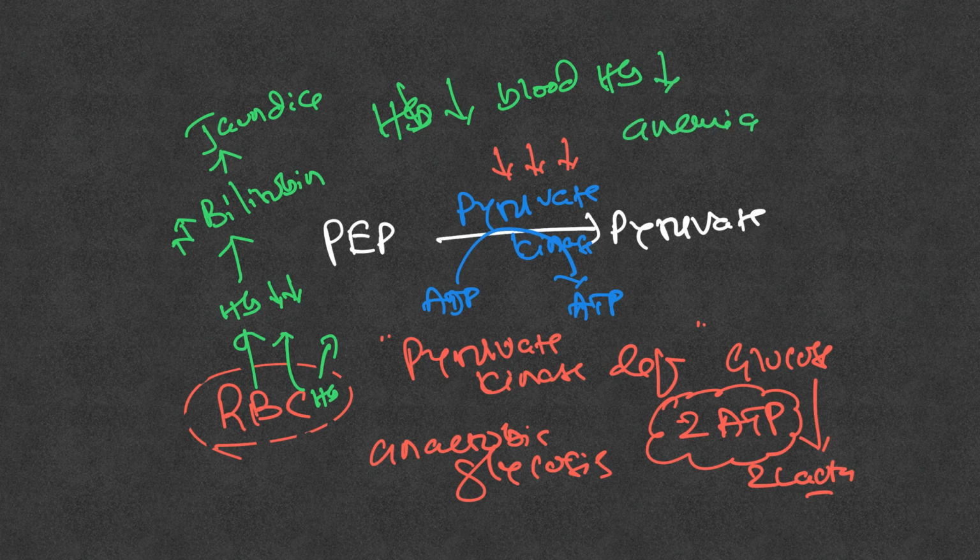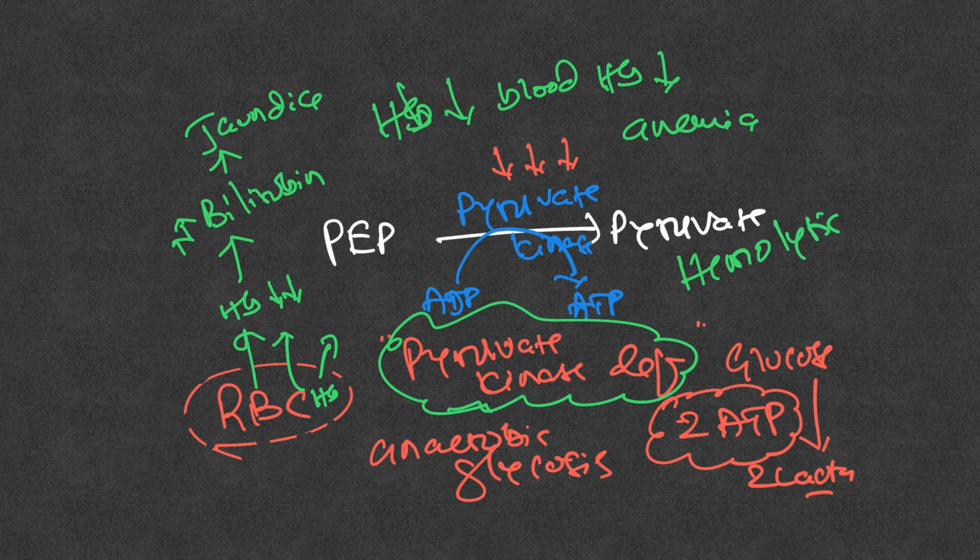So that's why pyruvate kinase deficiency is the most common cause of hemolytic anemia in glycolysis. The patient will have hemolytic anemia. Pyruvate kinase deficiency is the most common glycolytic enzyme deficiency that leads to hemolytic anemia.